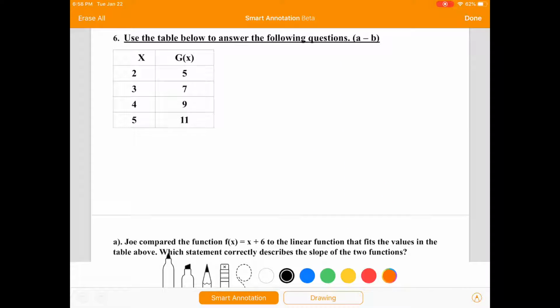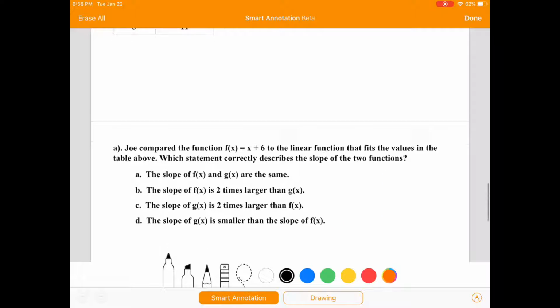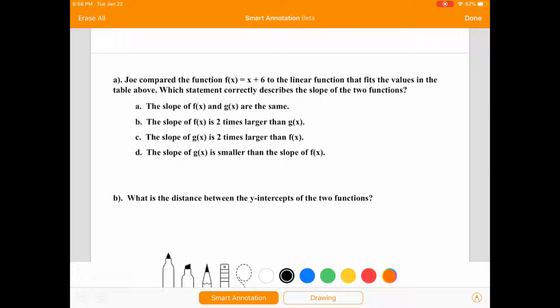For number 6, use the table below to answer the following questions. So for A, Joe compares the function f of x equals x plus 6 and the linear function that fits the values in the table above. Which statement correctly describes the slope of the two functions? So we're looking for the slope. We're going to identify the slope for f of x, which is the function that's given.